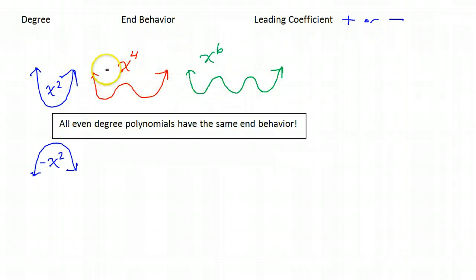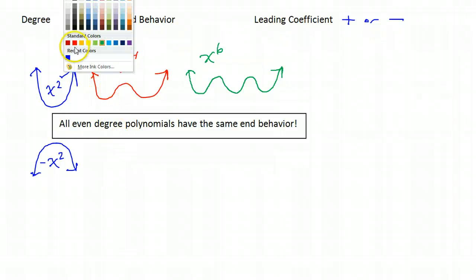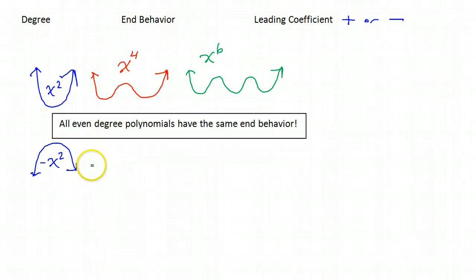Well, I'm saying rises, but that's only if the leading coefficient is positive. Notice that all of these have a positive leading coefficient. If they had a negative leading coefficient, they'd be the same thing, only upside down, like this.